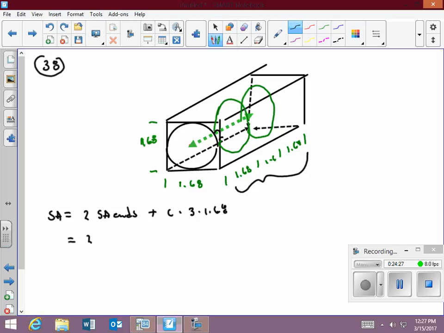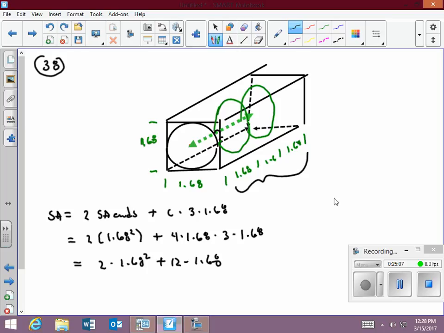So the ends, it's 1.68 squared, and the circumference is 4 times 1.68 times 3 times 1.68. 1.68 squared. So this is 12 times 1.68.